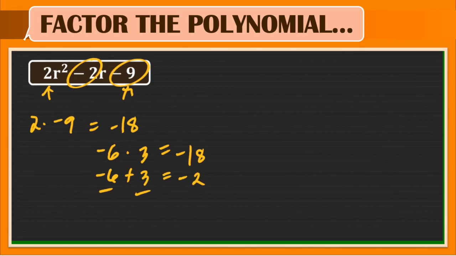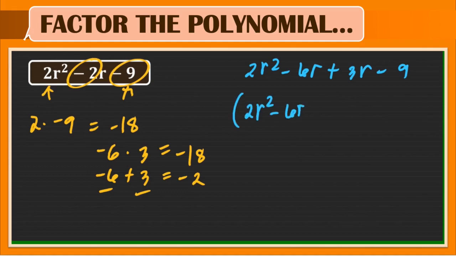So if we rewrite the polynomial, we can have 2r squared minus 6r plus 3r minus 9. And then when we group this, it becomes the quantity of 2r squared minus 6r plus we have 3r minus 9. The common factor of these is 2r.